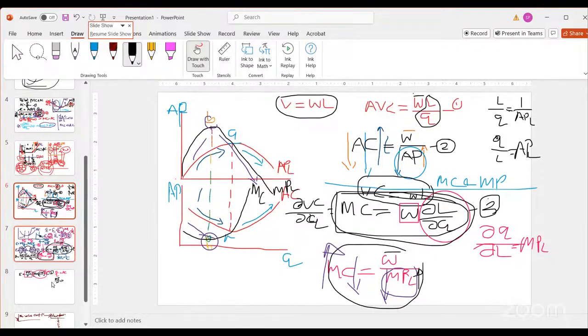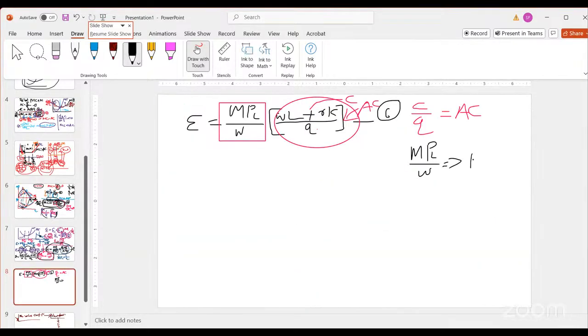That is equal to 1 divided by marginal product. So the marginal cost is what you got there: MC equals W over MPL. So that is the reciprocal.